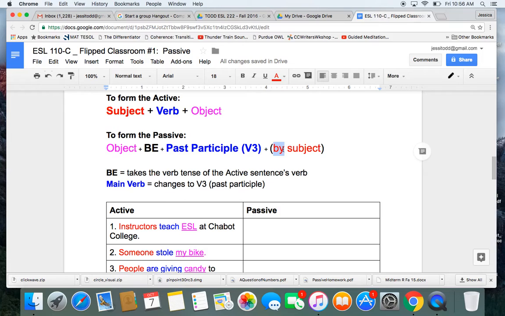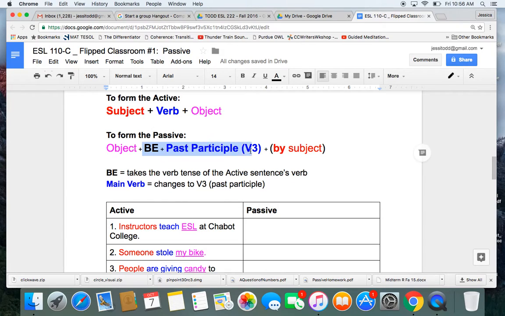We're also going to include this word by, and we'll refer to this from now on as the by phrase, okay? I put it in parentheses because sometimes the by phrase might be important and we want to include it, and other times we will omit it. So we can easily just make a passive sentence like that without the by phrase too.